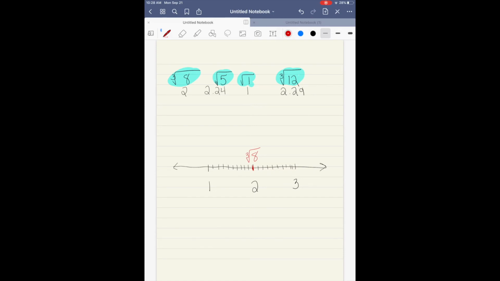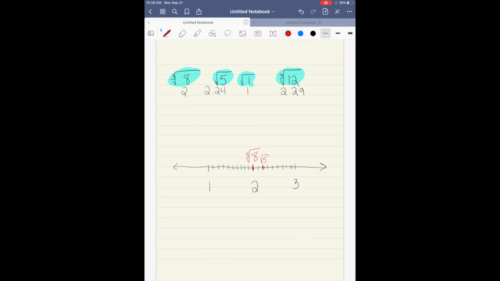Next we have 2.24. So if we look at our number line here, 2.2 is right here. 2.24 is a little bit in between that, but if you put it at 2.2, I wouldn't fuss. So that's going to be square root of 5.